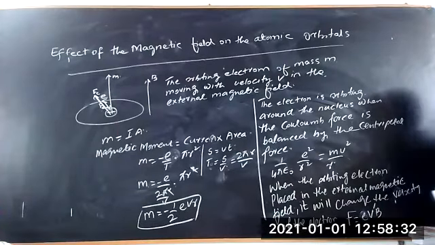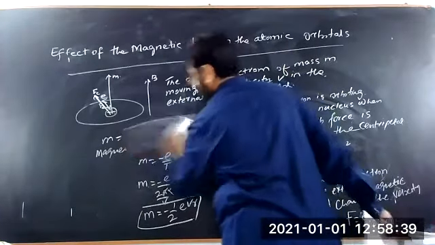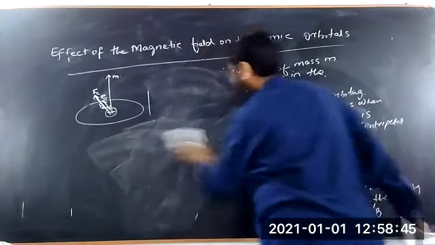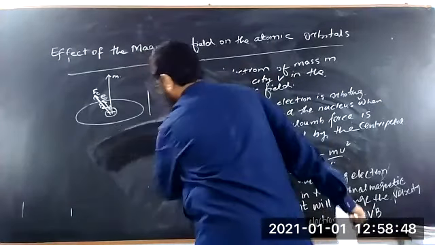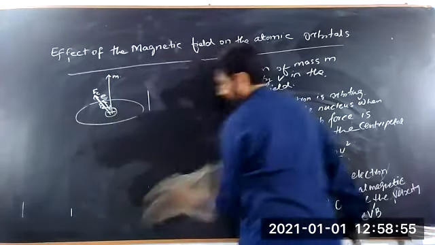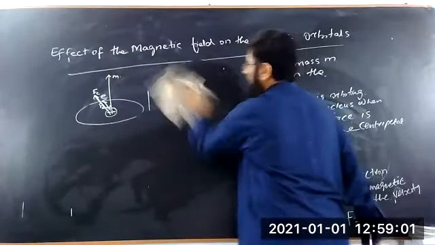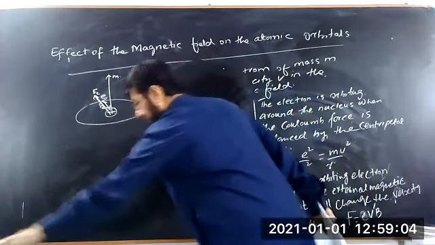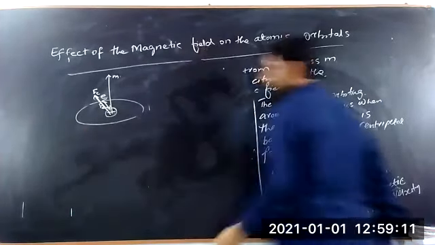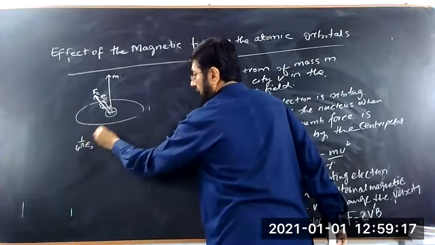So now as a resultant, if we look here, the total force is now the Coulomb force, which is equal to 1 upon 4 pi epsilon naught E square upon R square.